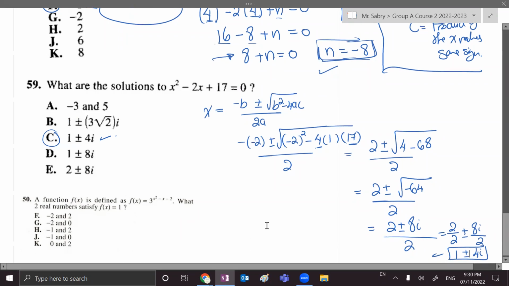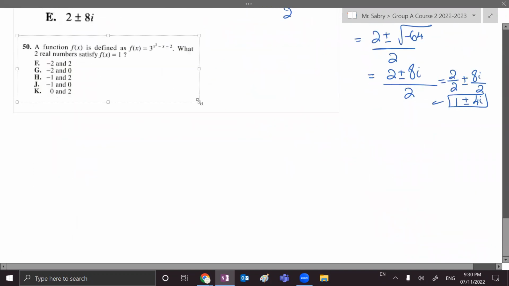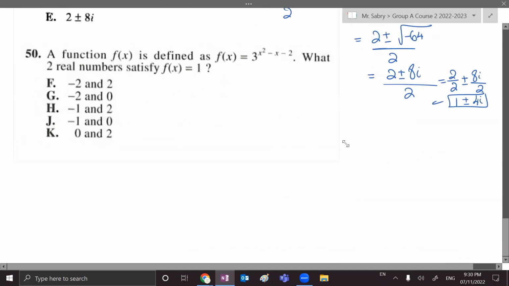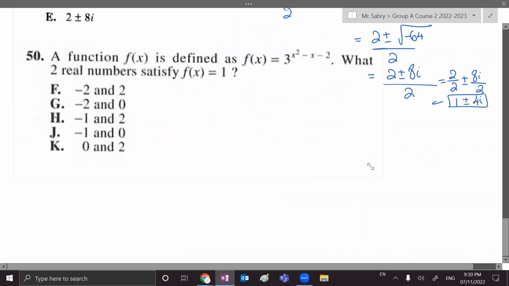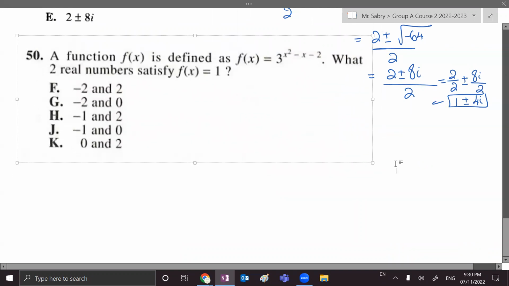Yes. Okay. Now, I want you to check this question, please, before we move to anything else. Think about this one, please, and try to get an answer.